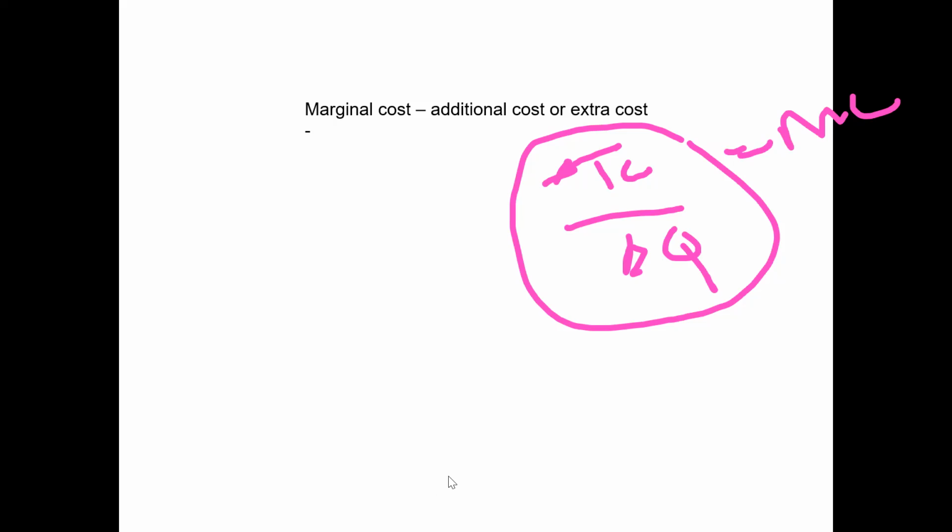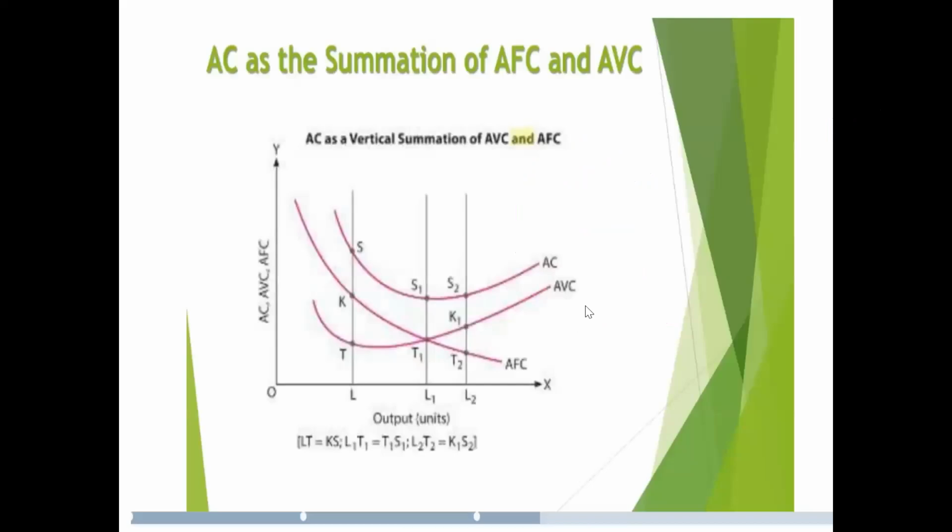Then if we draw the average cost curves by considering the numerical values, you can see that the shape of AFC is like a rectangular hyperbola.